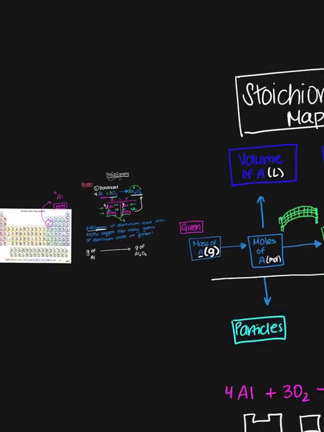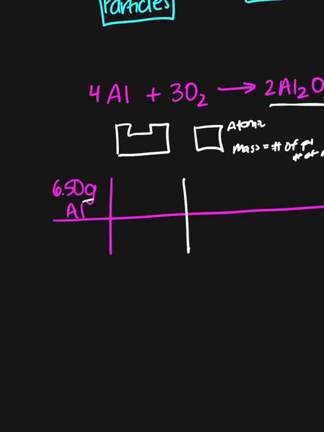So 27 is our mass, and the atomic mass is always given in grams per mole, always per 1 mole. In order for us to have the moles of aluminum, we have to put it on the top so that our grams of aluminum on the bottom will cancel out.